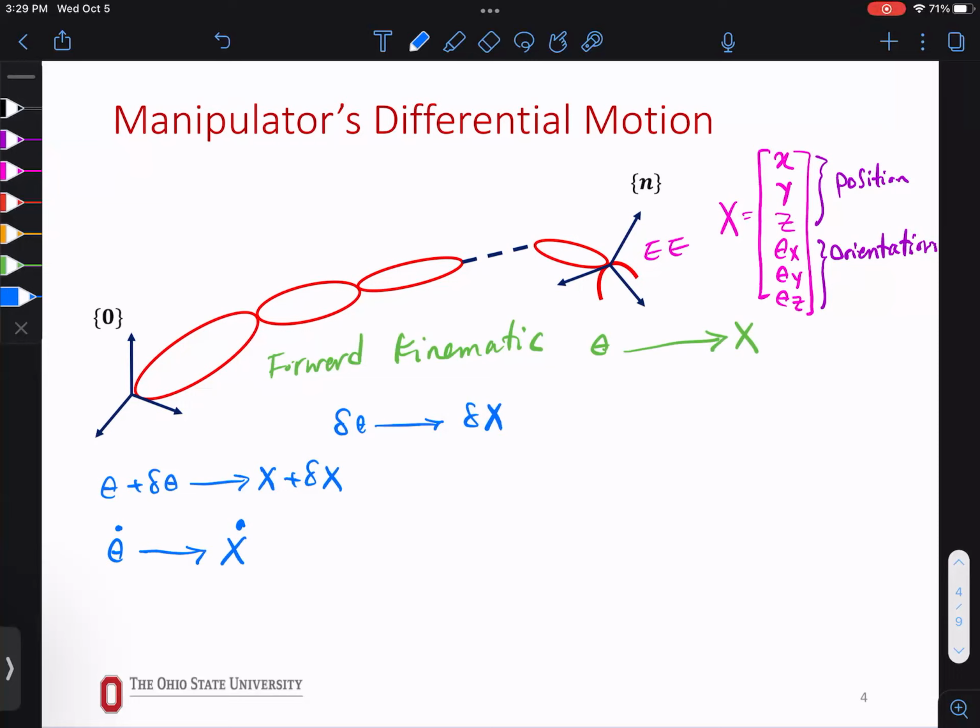Now, what kind of velocity could your end effector have? Linear velocity, angular velocity, remember? You've seen the vectors in forward kinematics, right? So it is along those axes. So we know what kind of velocity we get. And here we have these axes. So if I know the velocity of these, I should know the velocity of that.